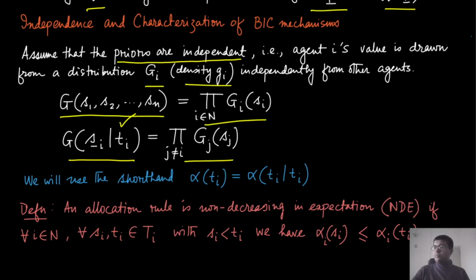So at some point when we really want to write this alpha_i of t_i given t_i, so player i is reporting what their true type is, we will just denote that with this shorthand. This is a little bit of overloading of this notation alpha. We will use it to denote it more succinctly.